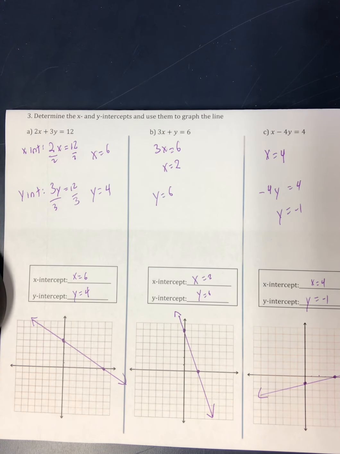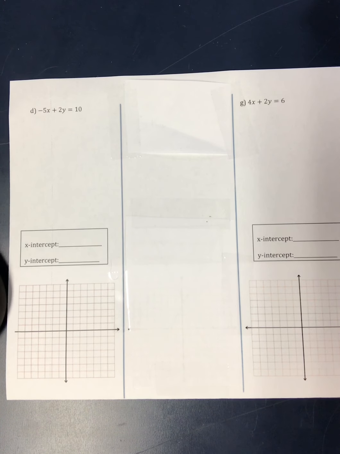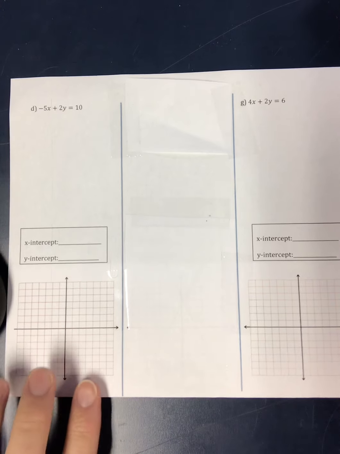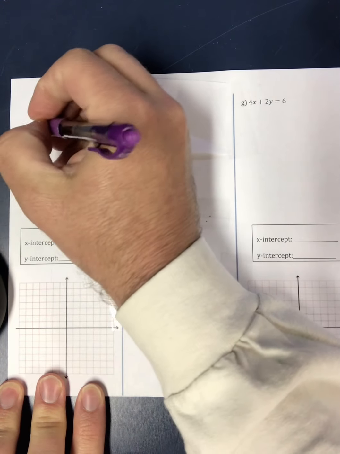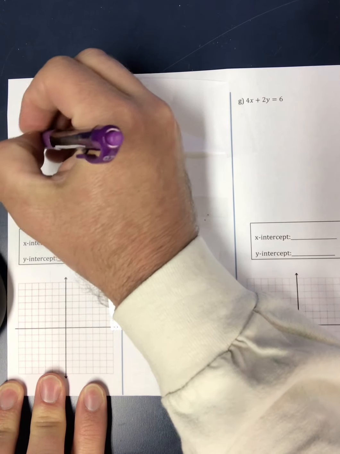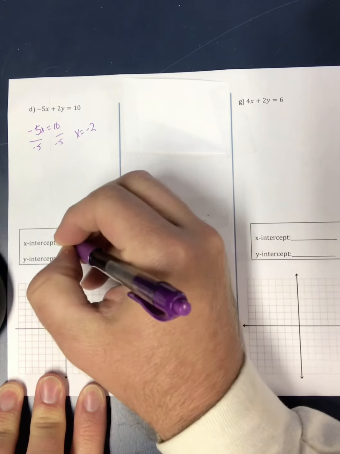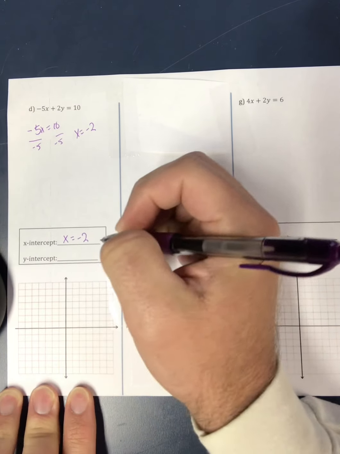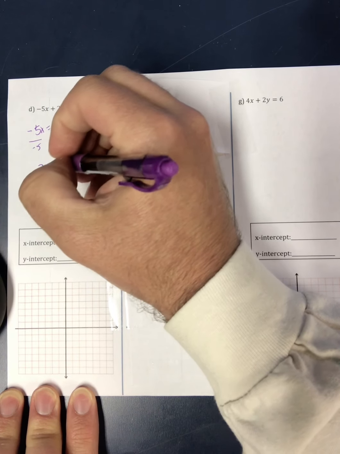On to the final page. -5x plus 2y equals 10. We cover up the 2y, and we get -5x equals 10. Divide by -5. We get x equals -2 for the x-intercept, and for the y, 2y equals 10.